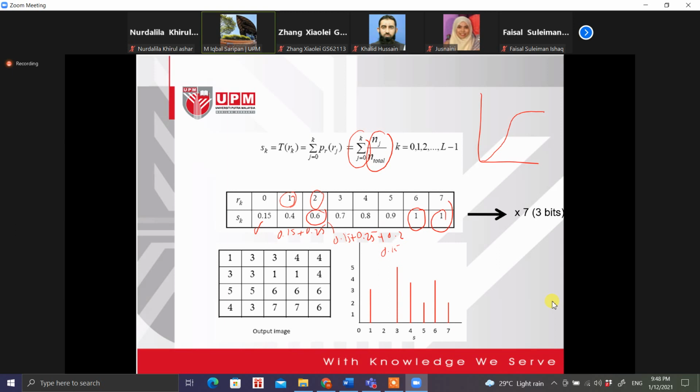Next, in this method, we multiply that with 7, because maximum value is 7, so it's actually 3 bits. So 0.15 multiplied by 7, you get 1.05.